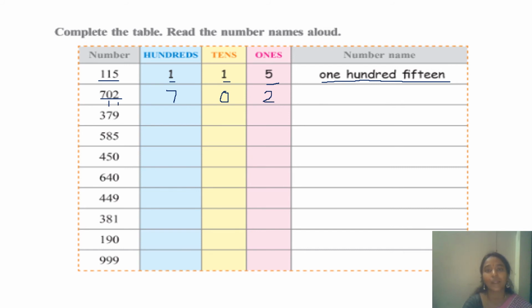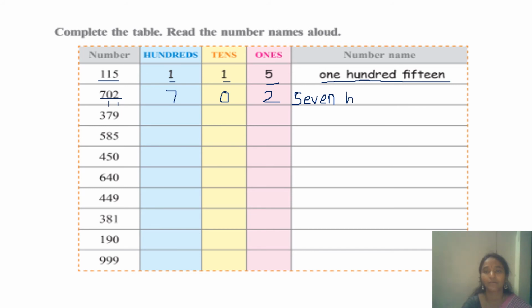Now you should write the number name. How should you write the number name? You should write 702, right? 7. S-E-V-E-N. 7 hundred.